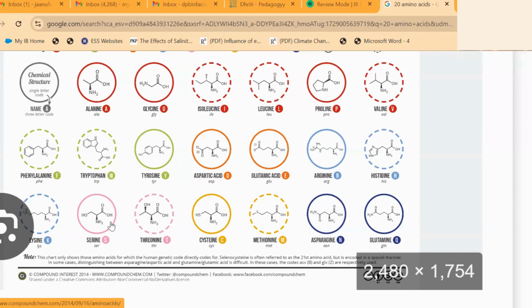Can you see this serine? Here you have an NH2 and a double bond O, but it's not free to bond with the other.